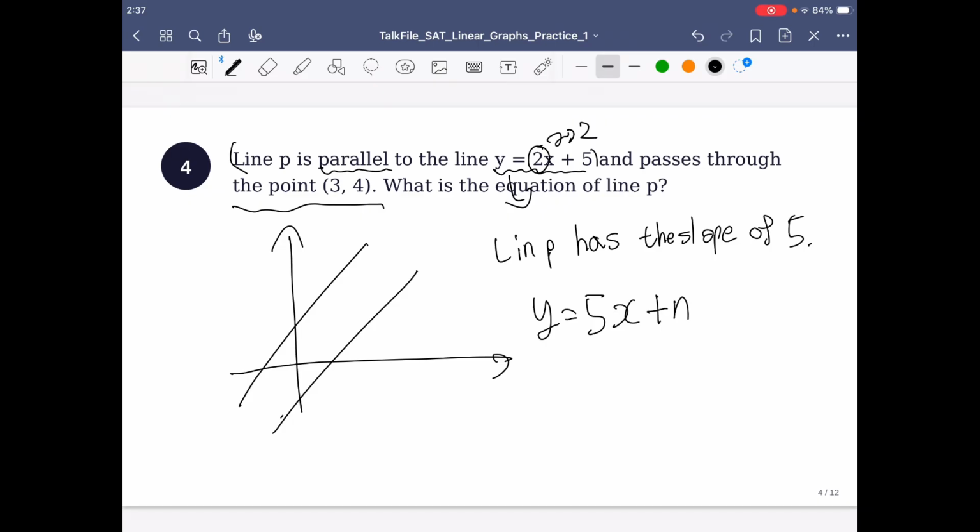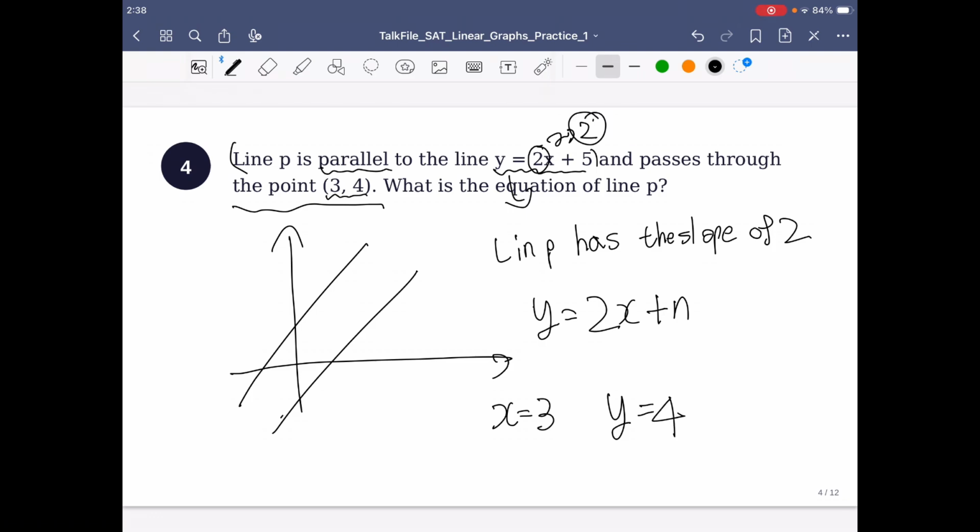Wait, it's not 5, it's 2. Oh my gosh. It's 2, because I wrote 2 here. So 2x plus n, and it passes through (3, 4). That basically means if you put 3 into x, then we get the y value, which is 4.